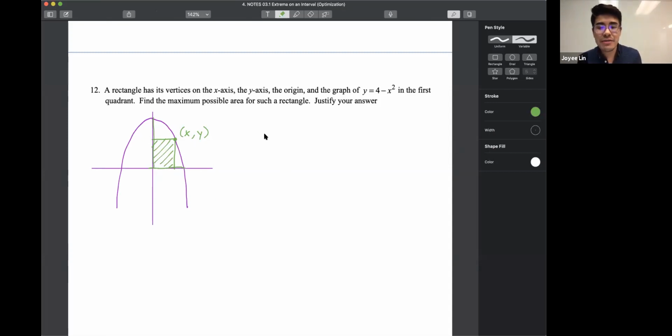Well, what's the area of such a rectangle? The area of such a rectangle is just what? Base times height. Right, the base is x, the height is y. So normally with these optimization questions, we need a secondary equation. Does anybody know the secondary equation we need to use? I can't take the derivative with respect to two variables on an optimization question.